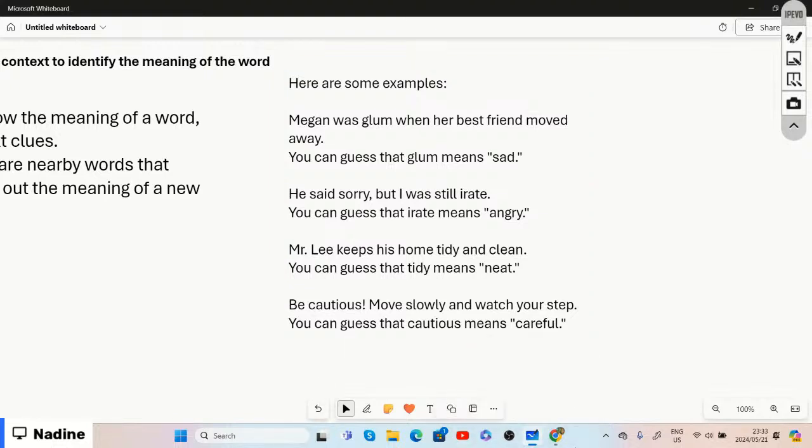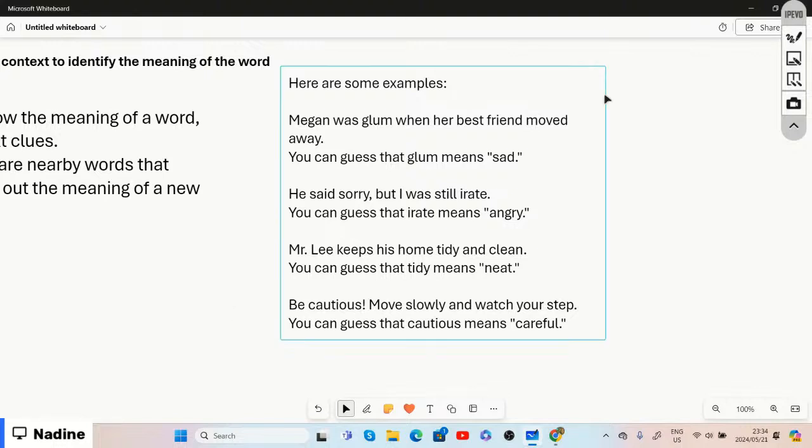We call that context clues. And with context clues, you will easily be able to see what the meaning of the word is. Of course, you're going to have to really look at the sentence and try to figure out what the meaning of the word is.